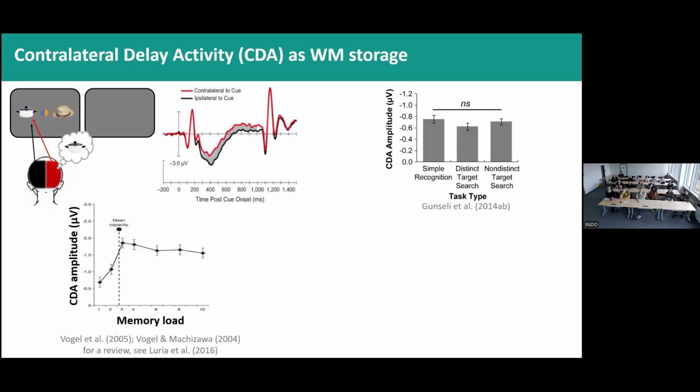What is also nice about it is that it is unaffected by anticipated task load. If I tell you to store a pen for a recognition task, or an easy search task where you're searching for a white pen among blue objects, or a demanding search where you're searching for a specific white pen among other white pens, these different demands have zero impact on the CDA, because in each case you're storing just one pen in your mind.